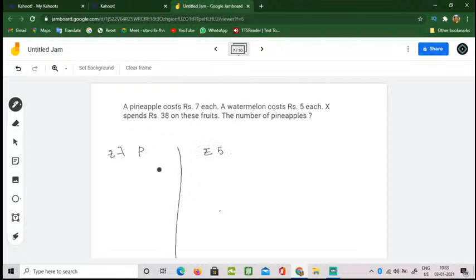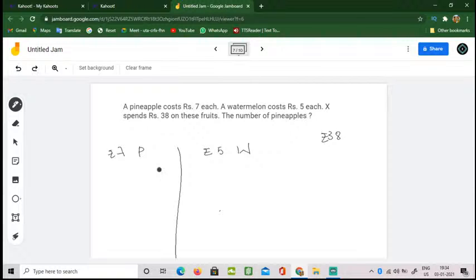X has 38 rupees in total, and he has to spend these 38 rupees to buy the fruit. And the question is we have to find out how many pineapples did he buy.